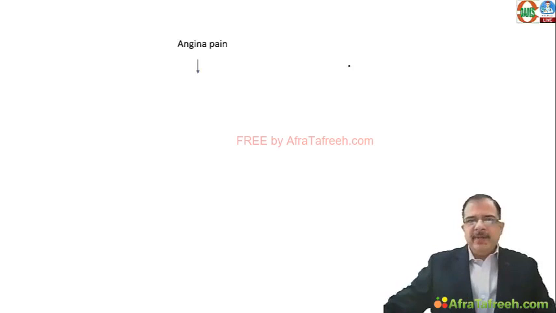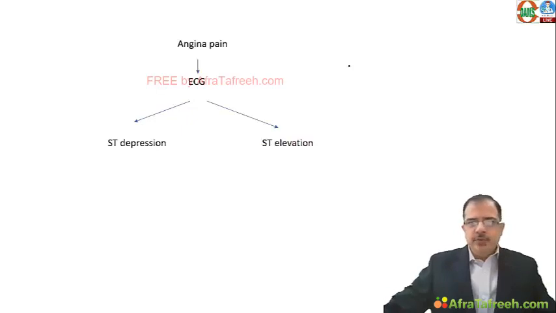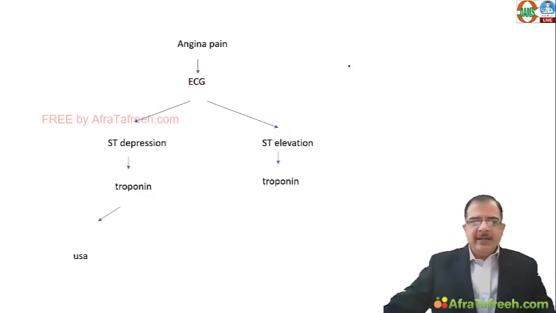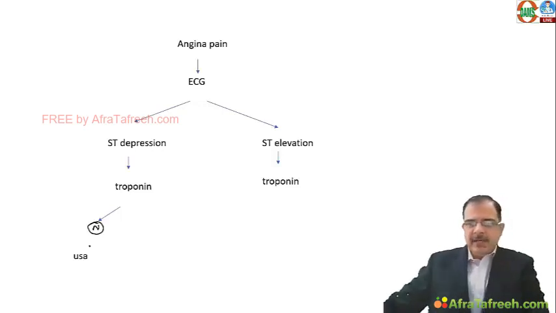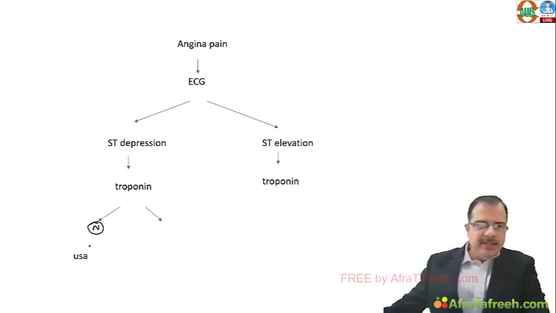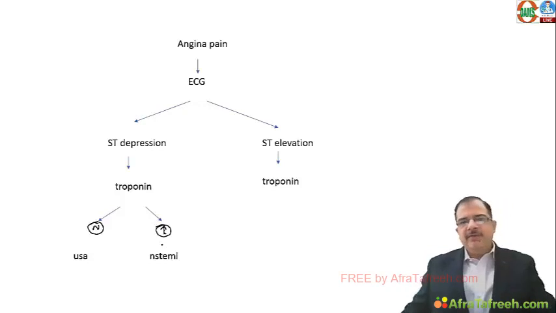So a patient is coming to you with anginal pain, ECG should be done, and ECG will show you either ST depression or ST elevation. So with ST depression, go for a troponin test, and depending on the troponin, if troponin is normal, it is unstable angina; if troponin is elevated, then it will be a case of non-ST elevation MI.